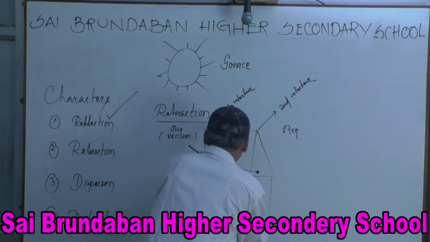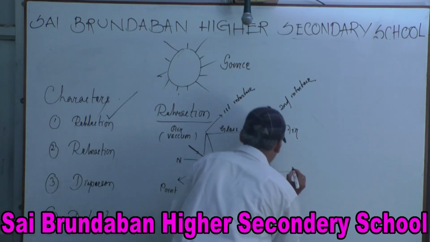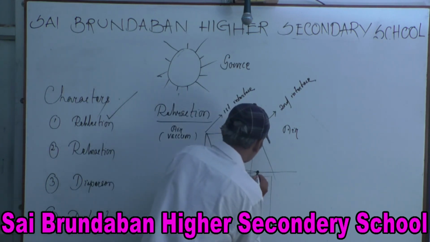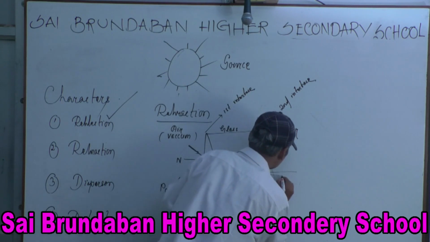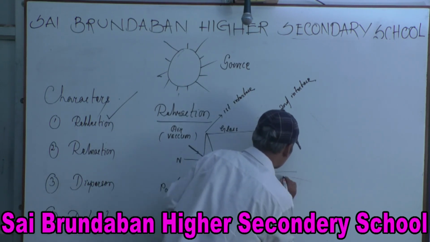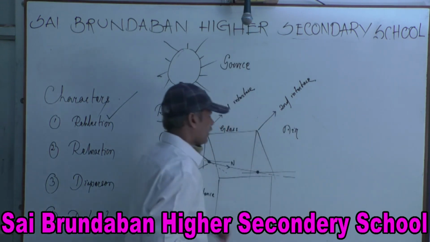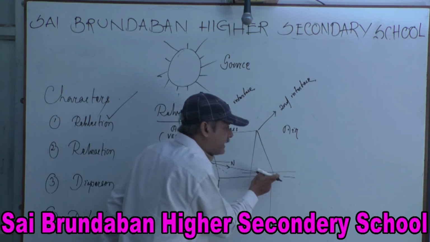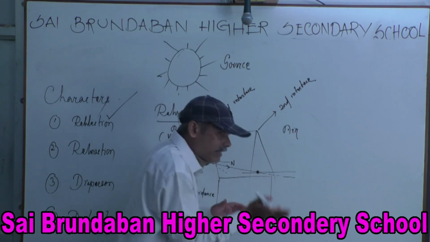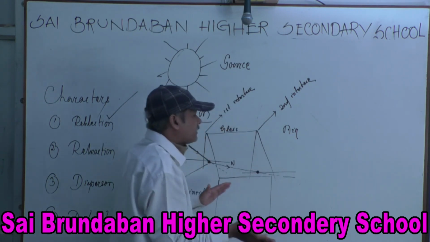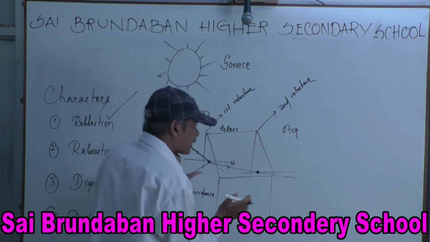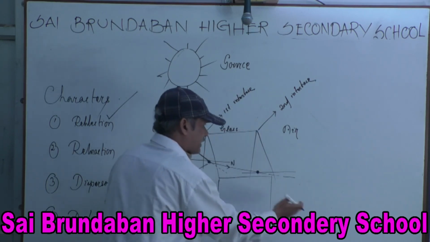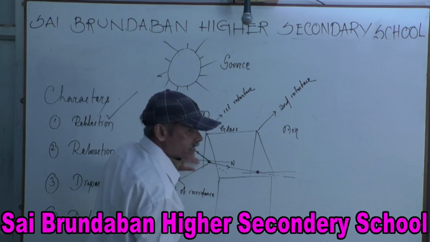Now you just draw a normal here. The light was supposed to propagate in this direction, but no. It will again deviate its path, and the direction in which it emerges from the second interface is parallel to the incident ray.